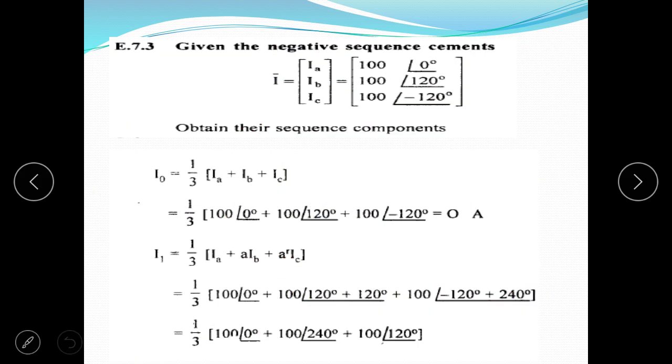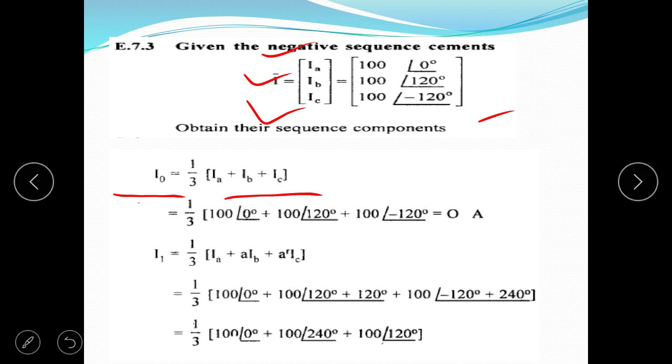Now we take an example to find sequence components. Phase components of current are given for phases A, B and C. So IA is 100 at 0 degree, IB is 100 at 120 degree and IC is 100 at angle minus 120 degree. So according to the procedure, the zero sequence component of current, I0, is 1/3 of IA plus IB plus IC.